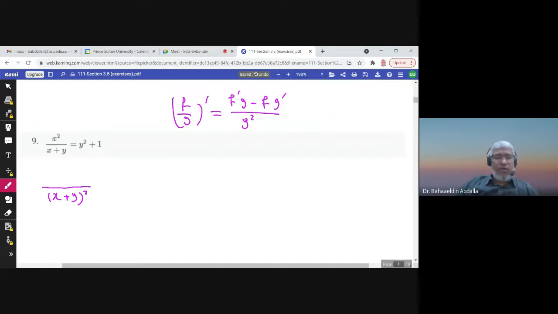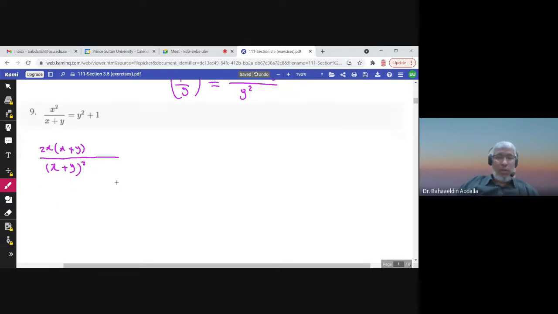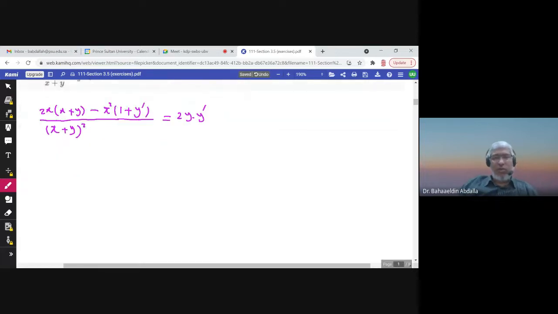So the derivative of the numerator is 2x times the denominator minus x squared, the numerator, times the derivative of the denominator. Derivative of x is 1, derivative of y is y prime. Equals derivative of y squared is 2y times y prime plus the derivative of 1, which is 0.